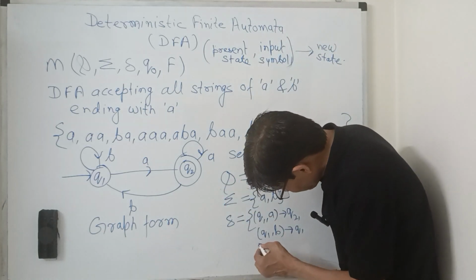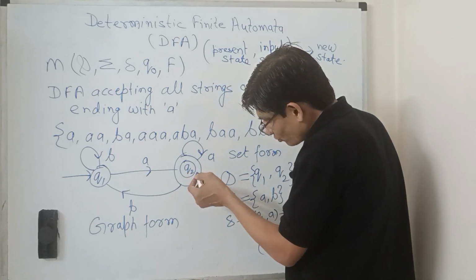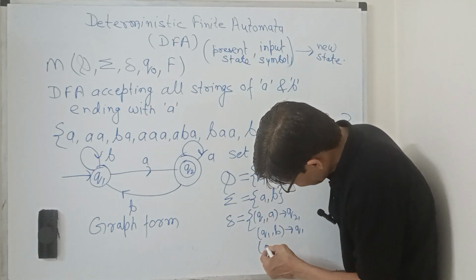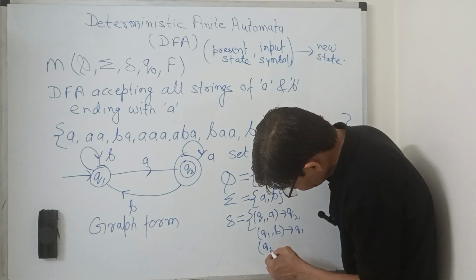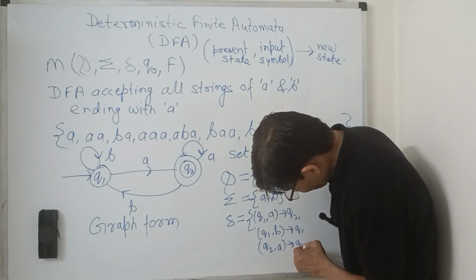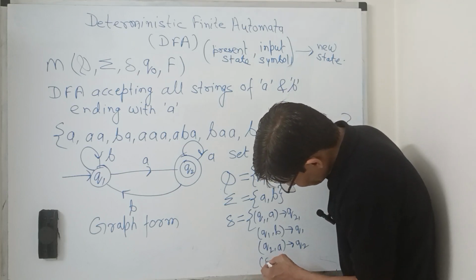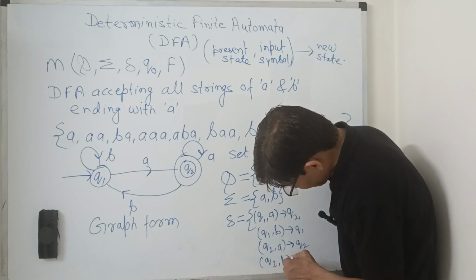Now one more rule is there for Q2. On Q2 if we get A, then we stay on Q2. And for Q2, if we get B, then we go back to Q1.